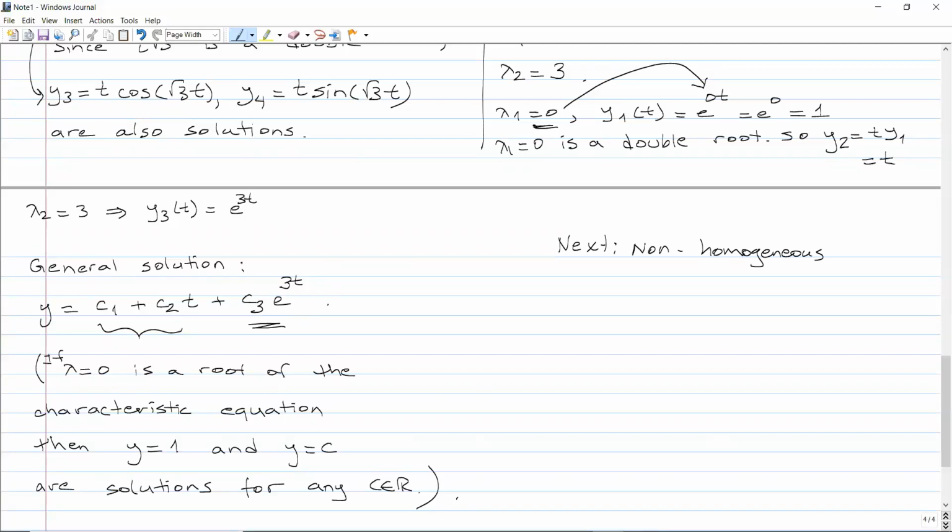Remember, for systems, we considered non-homogeneous systems and used the method of variation of parameters. For an nth order differential equation, we are going to consider another method for non-homogeneous equations, when the function on the other side of the equation is of a special form. So that's coming up next, and that's all for this video.